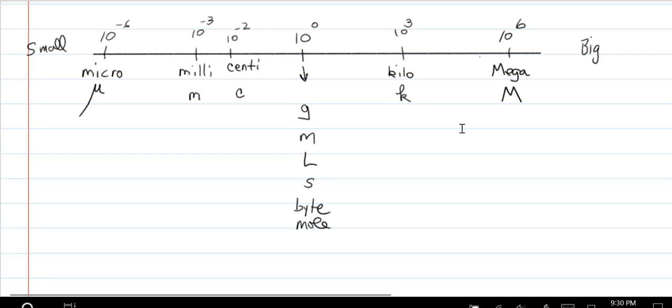Okay. Now, just very quickly, can you tell me which is bigger? A milli something or a kilo something? Well, since this is a big side, the kilo something is bigger. Okay? Which is bigger, a milli or a micro?